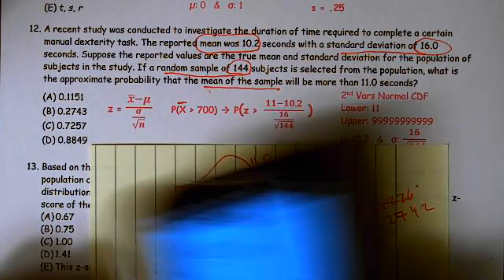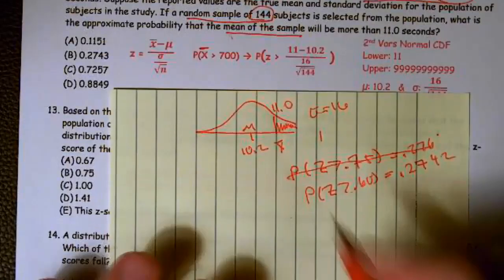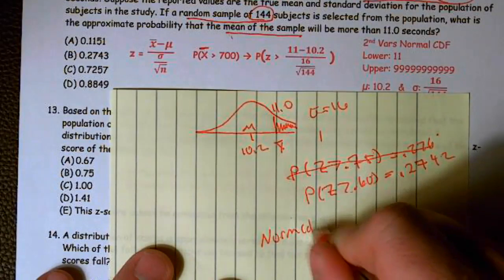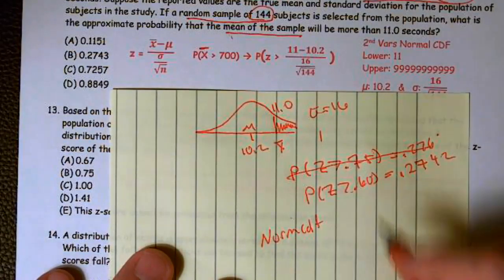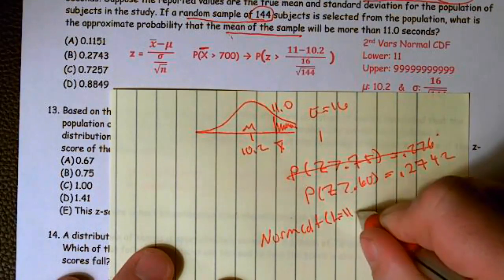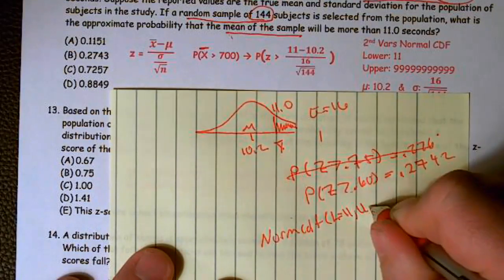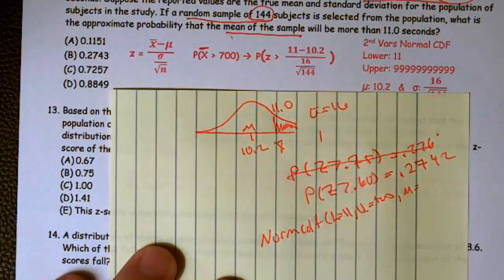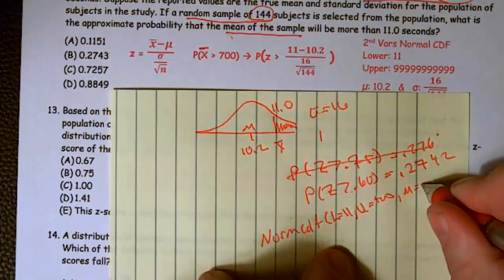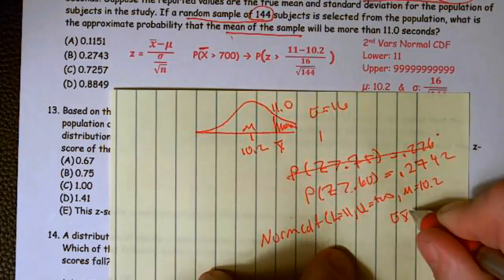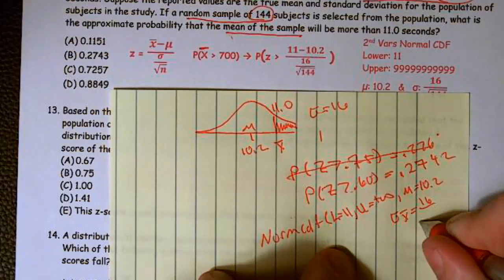0.2742. All right. Now we need to remember this can be written as a norm CDF, and it can be written two ways. So we're going to do both of them. Lower bound equals 11, upper bound positive infinity, mean is 10.2, and the standard deviation of X bar is 16 divided by the square root of 144.